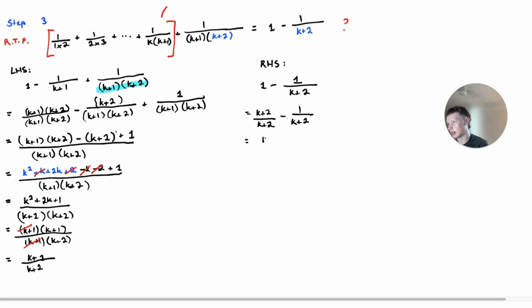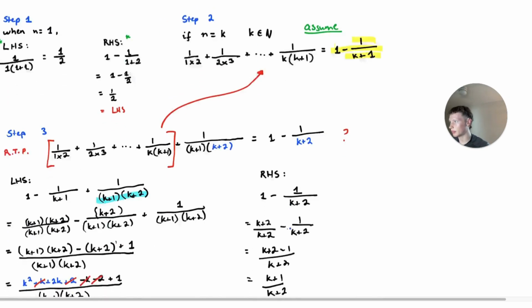That is k plus 2 minus 1 over k plus 2, which is k plus 1 over k plus 2, which equals our left-hand side. And then we can do our hashtag QED if you want, and say that therefore by mathematical induction, P of n is true.